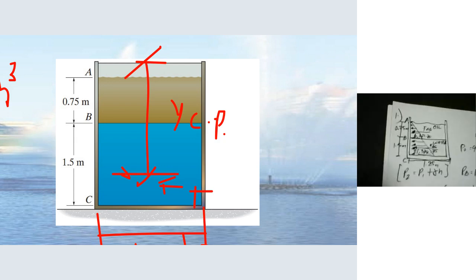So let's look at the figure. We have a rectangular cross section. So this will be 1.5 meters times 1.25 meters.